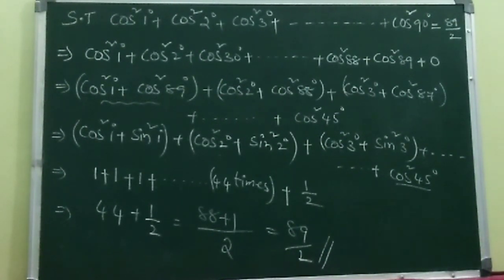So we needed to prove that 89 by 2. Similarly, my dear, you can also try for sine square 1 degree plus sine square 2 degrees plus sine square 3 degrees and so on, sine square 90 degrees. And you can text me the answer.